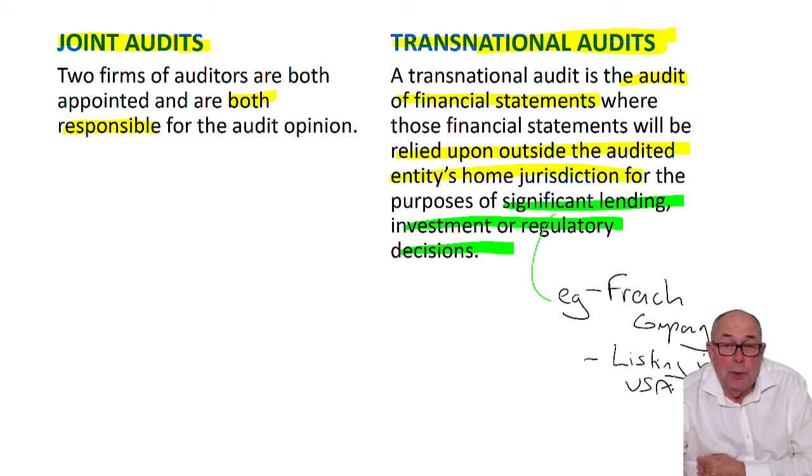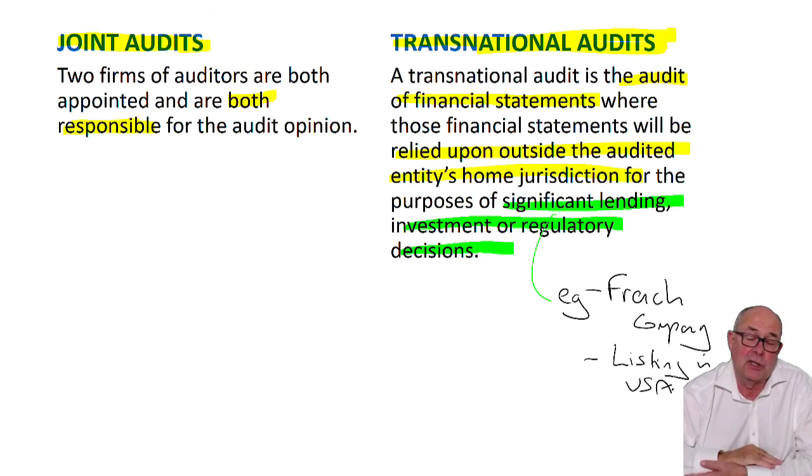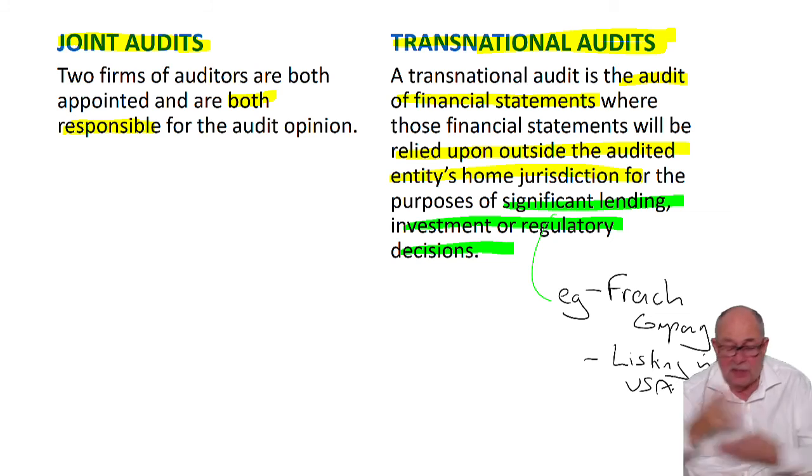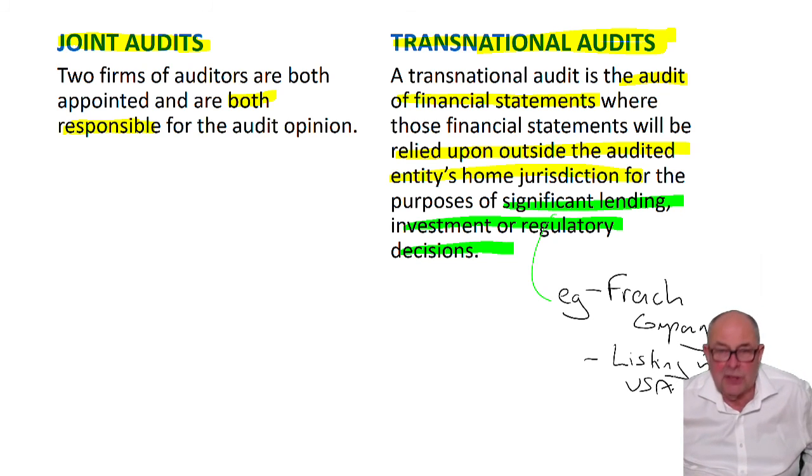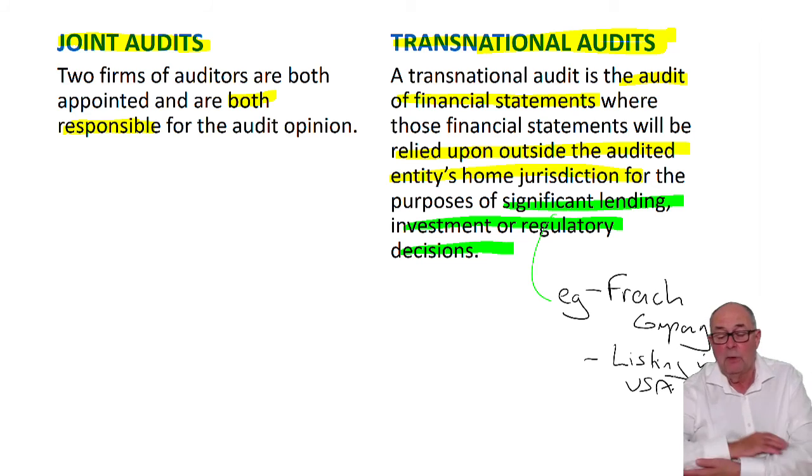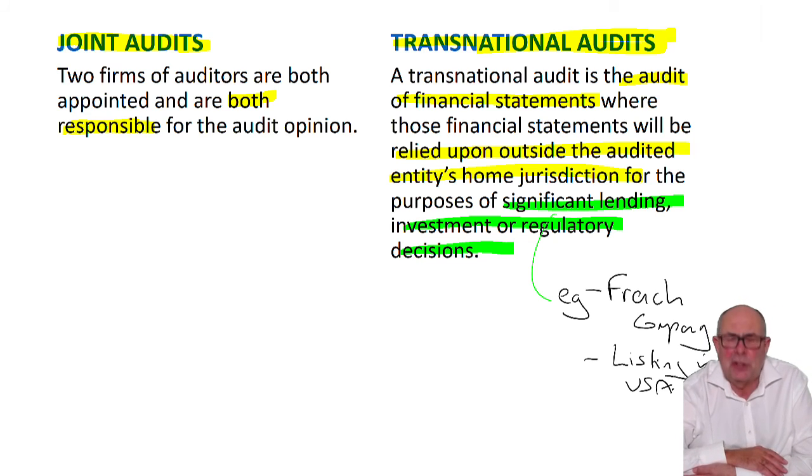In that situation, the accounts are going to be looked at by the USA regulators, whoever they are. It becomes transnational. So it's not like just saying the French company buys a McDonald's one day. It's more significant. So that's when you get transnational audits, where you have to take additional account of the circumstances of what's happening and think perhaps about things like changes in regulation and so on.